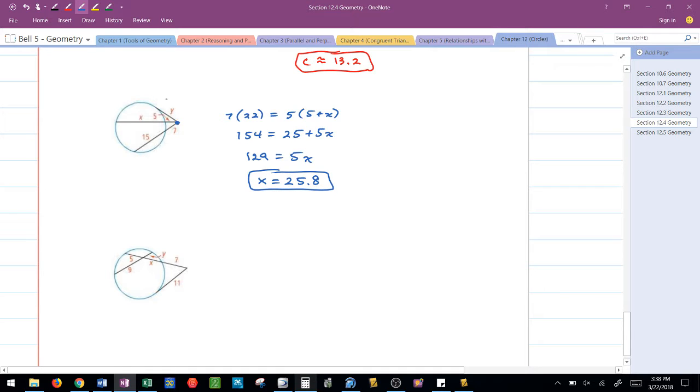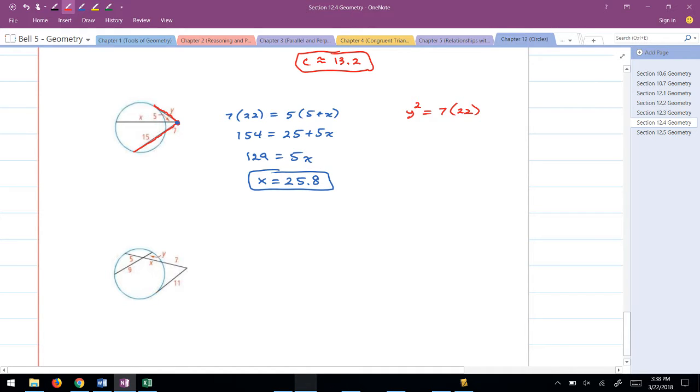Now, to find y, I'm going to do this in red. The vertex is still outside, and I want to use this secant because I know both the pieces, and this tangent is where y is. So to find y, I know that y squared, y times y, is equal to 7 times 22, measured to the circle to the opposite side.